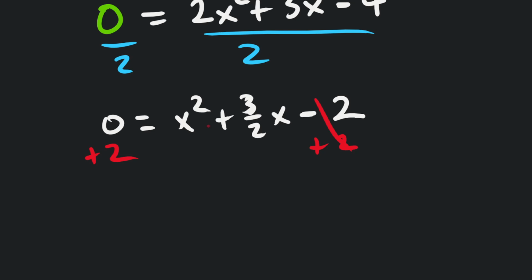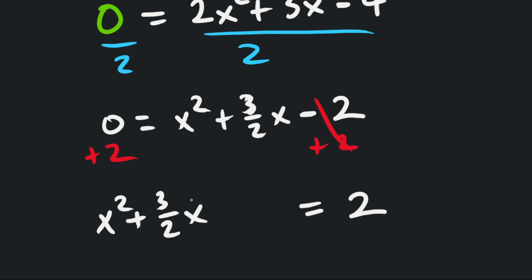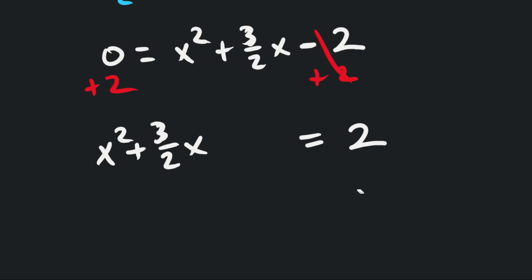Let me switch the order of this. So we'll put x squared plus 3 over 2 x on this side, and we'll put positive 2 on the other side. And we're going to take the b term, 3 over 2.